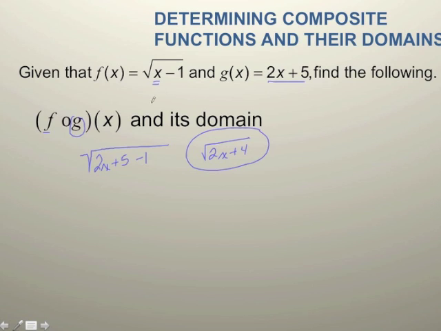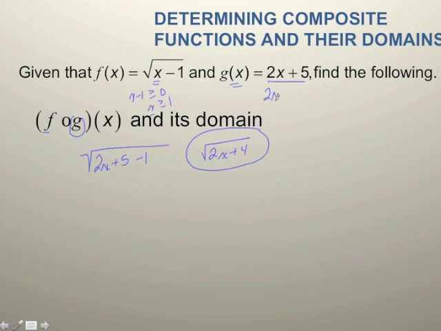Now if we go to the domain here, x minus 1 has to be greater than or equal to 0, so x has to be greater than or equal to 1. But it's not really the f function we're concerned about, it's the g. This is a linear function, so it's all real numbers, but g of x has to satisfy this condition.